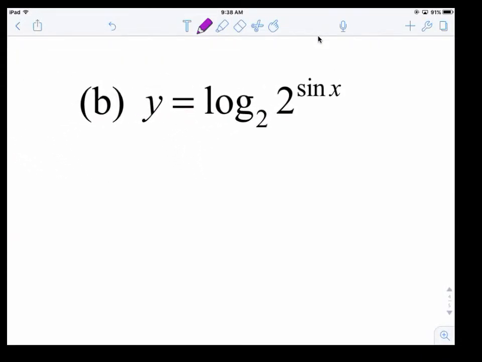Okay, I have log base 2 of 2 to the sine of x. All right, so you have a couple different functions here. The derivative of the log function would give you what?